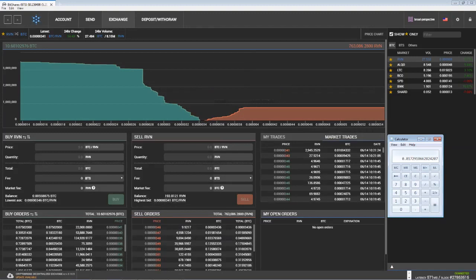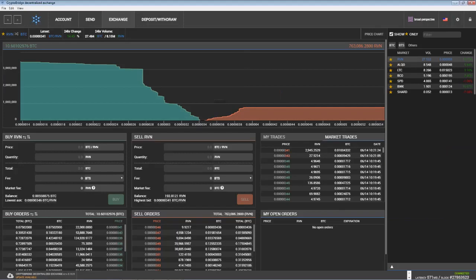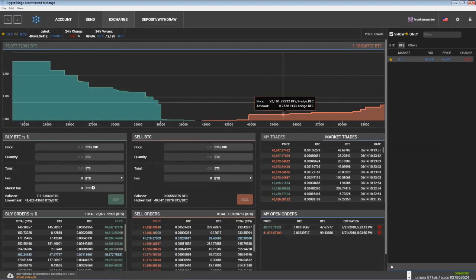We got about a 1.7% spread right now. I would probably put a 1.5% spread into the DexBot when I put it to work in this market. But this is all just kind of to show you how I would look at this order book and set it up. I already have the DexBot working over in Bitcoin to Bitshares.